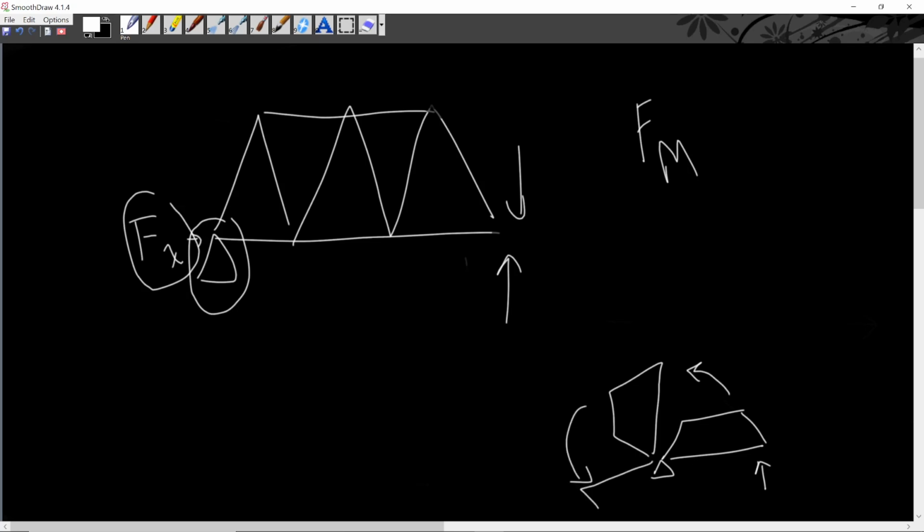And the force of this is force M. This is a moment of force, and the forces should cancel out. Again, we do not want this truss to start randomly spinning, so we want the force M to cancel out as well, so that we have our truss maintaining its static position, or its stable position.